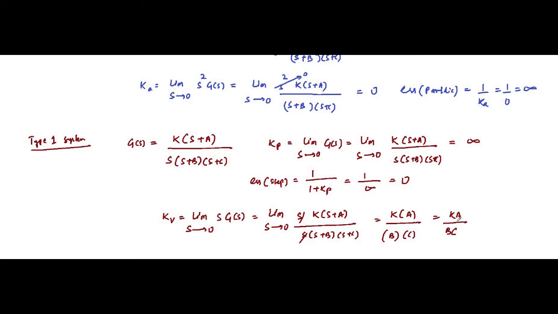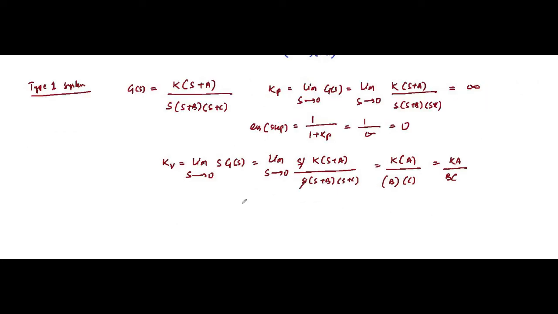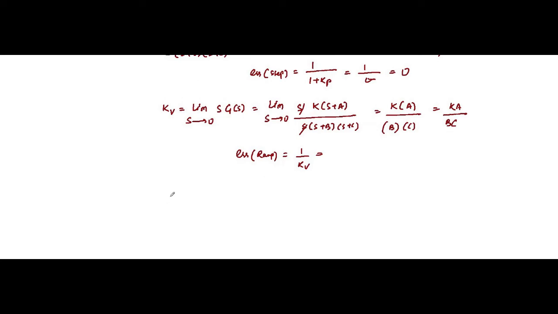So it is Ka by bc, a finite value we are getting, neither 0 nor infinity. So in that case, the steady state error for a unit ramp input will be equal to 1 by Kv, where Kv is equal to this. So it will be bc by Ka, but regardless of that, we are getting a finite result, neither 0 nor infinity.